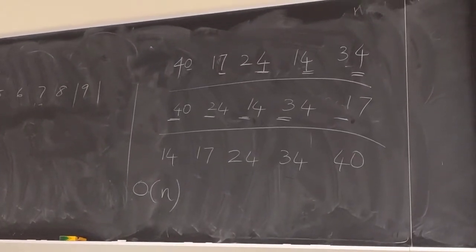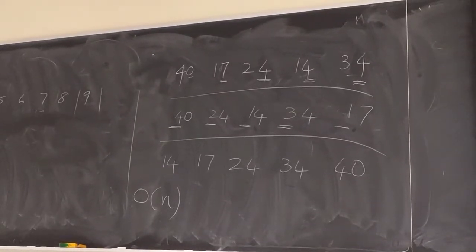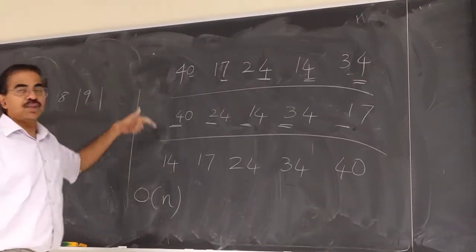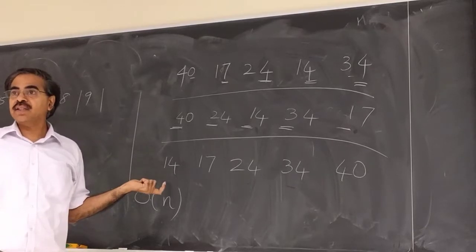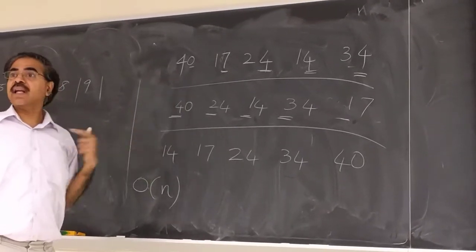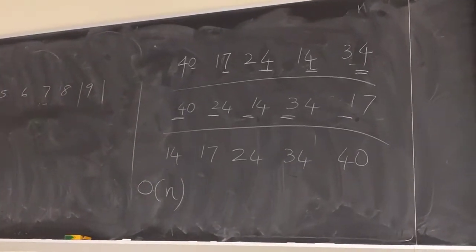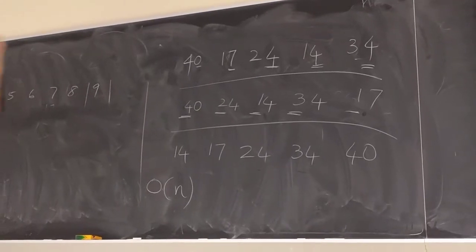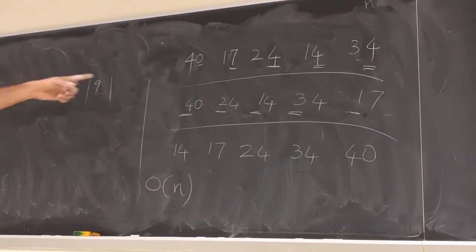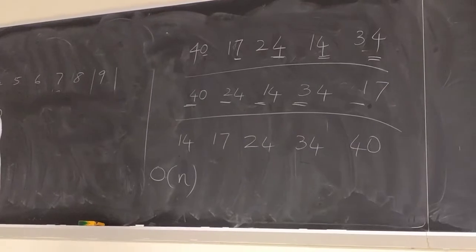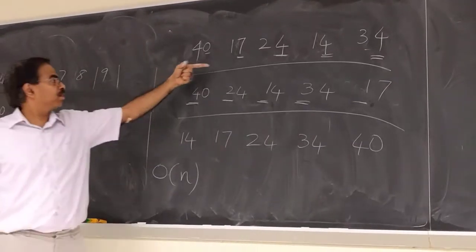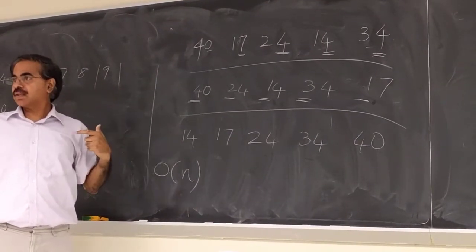Once you say that the number of digits is a constant, let's say there are C digits, then you have to go through C rounds, right? So start from the least significant digit, next significant digit, and so on up to C, right? So you have to do this step C times, okay?